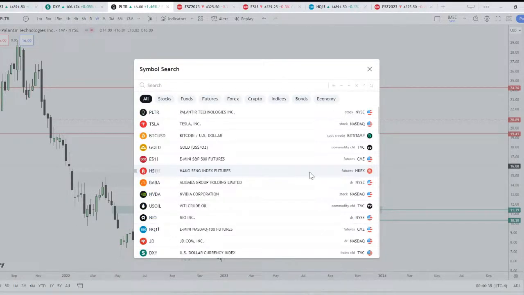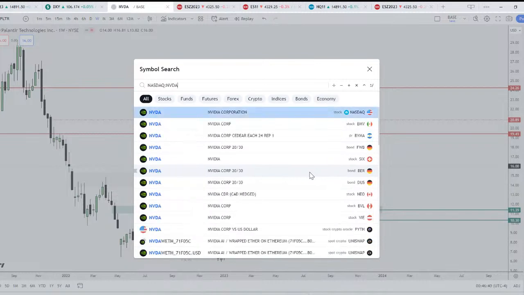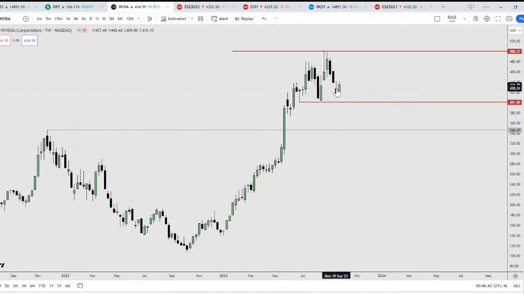Okay, let's go over to Nvidia. Okay, same thing here. I'm looking at these lows. Nothing much has changed. It has basically stayed within the previous week's range. Okay, so this is an inside candle.